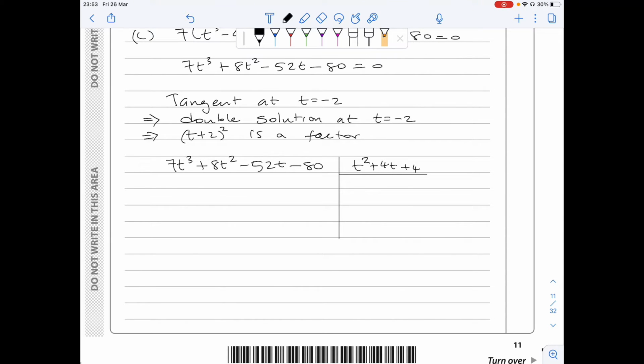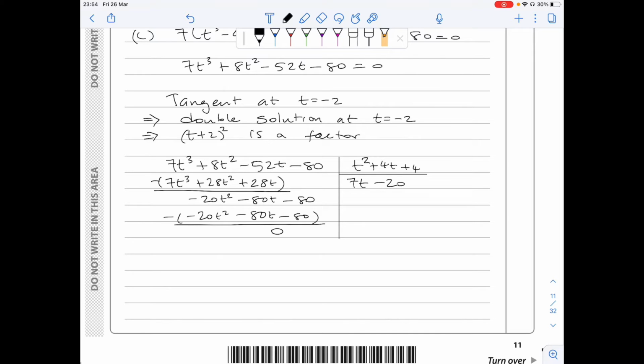t squared into 7t to the power of 3 goes 7t times. So I've got 7t to the power of 3 plus 28t squared plus 28t. I will subtract and I will get minus 20t squared minus 80t minus 80, and then t squared into minus 20t squared goes minus 20 times, so I've got minus 20t squared minus 80t minus 80, 0 as a remainder.